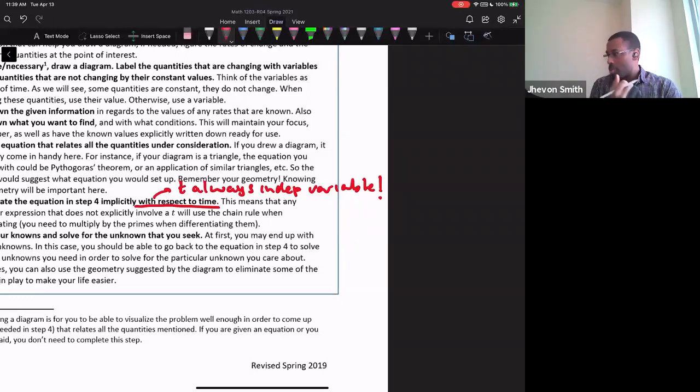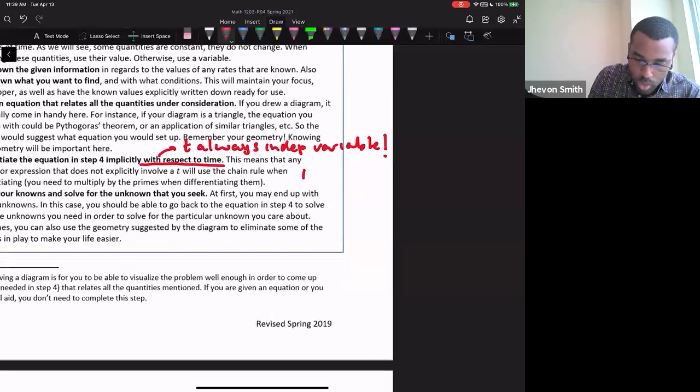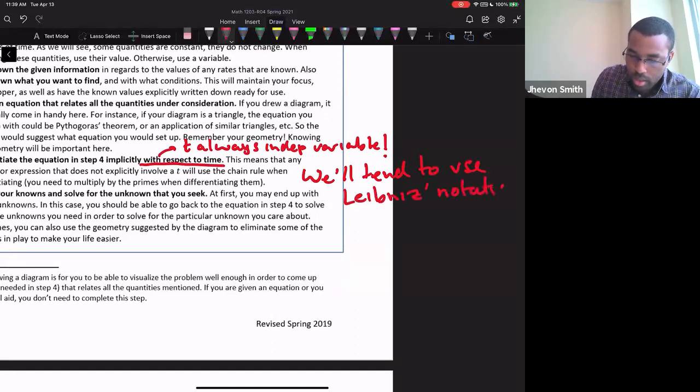It's not something you guys have to worry about. That's like a Calc 3 problem. But we'll tend to use Leibniz notation here for clarity.